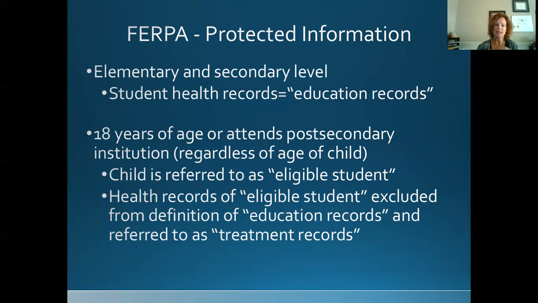And FERPA says that the health records of an eligible student are excluded from the definition of education records that I just gave you, and instead are referred to as treatment records. These FERPA education records are treated differently than FERPA treatment records, and we will talk about that a bit more as we move forward.